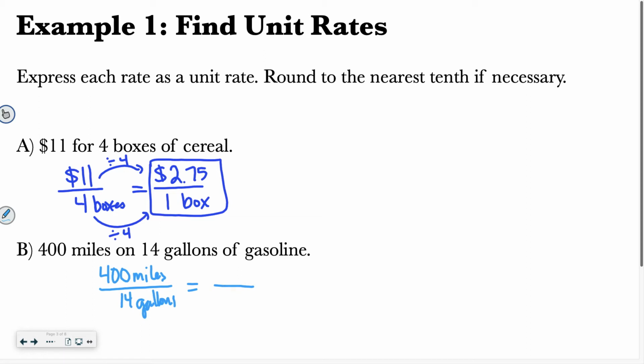This is maybe something that you've heard your parents talk about, or maybe you've seen on a car commercial. 400 divided by 14, because remember you always divide by whatever number's in the denominator. So 400 divided by 14 is 28.6 miles. 14 divided by 14 per 1 gallon. So 28.6 miles per 1 gallon of gas.